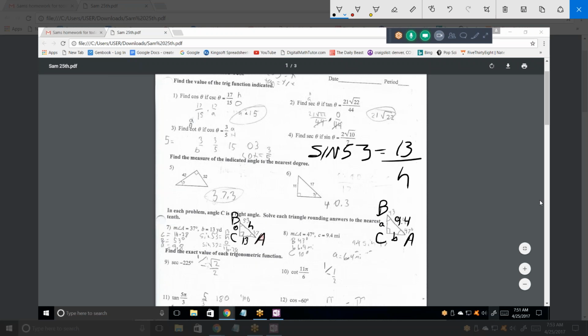So we've got the sine of 47 equals a over 9.4. That's easily solved. And you've got the cosine of 47. I would just use the same angle, just a different trig function, equals b over 9.4.